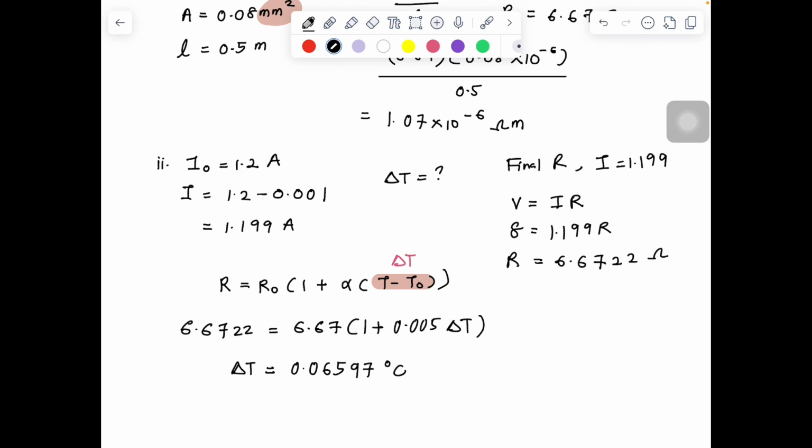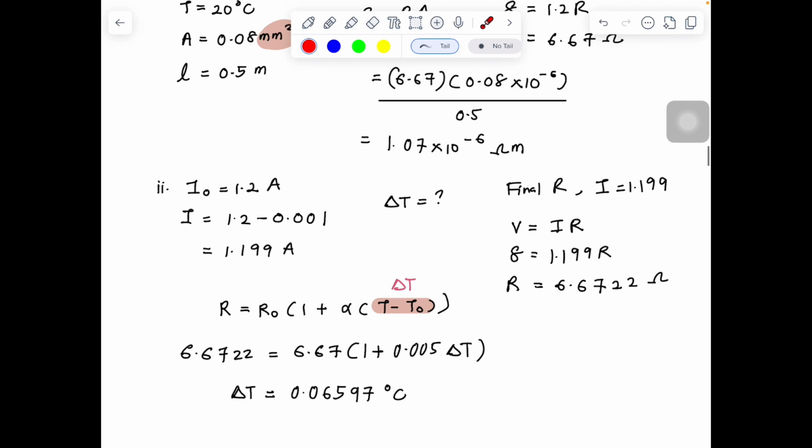Okay, sebab kalau gunakan terus value yang ini, kamu terus masukkan value ke sini dan ambil semualah titik perpuluhan, dia akan berbeza. But since kita sudah gunakan 4 titik perpuluhan, so kita guna yang ini sahajalah. So the difference between the temperature is very small sebab dia punya current pun cuma berkurang sikit sahaja. Okay, so this is the final answer.